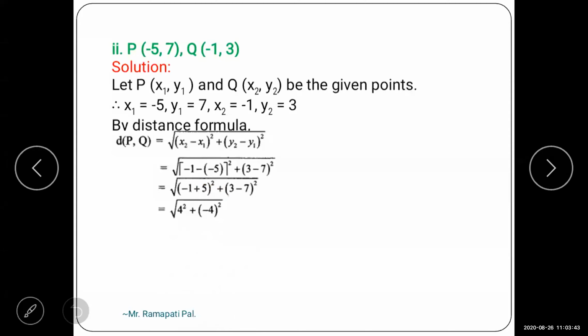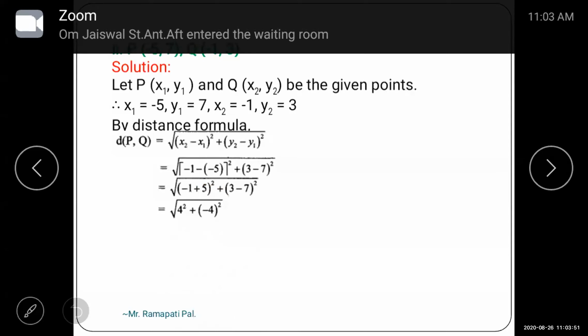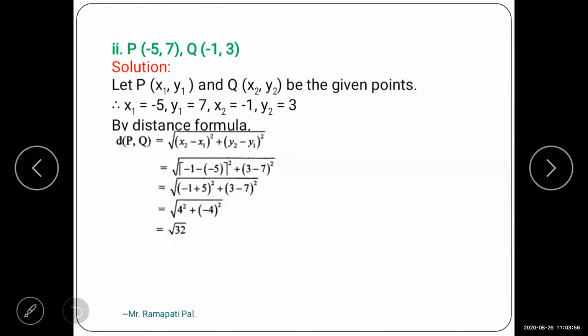So you know what is 4 square? That is 16 plus 16. So under root 16 plus 16 is what? 32. Correct? Now find out the factor of 32 and tell me what is the simplest form.